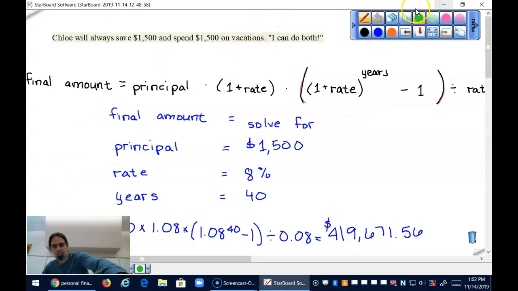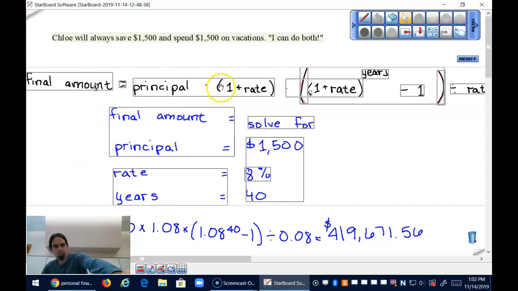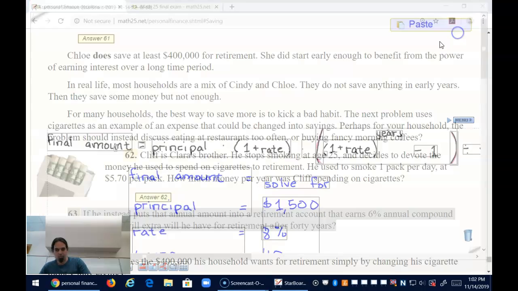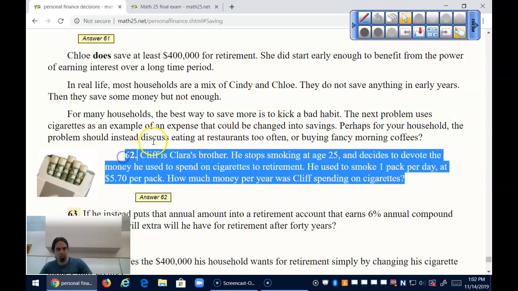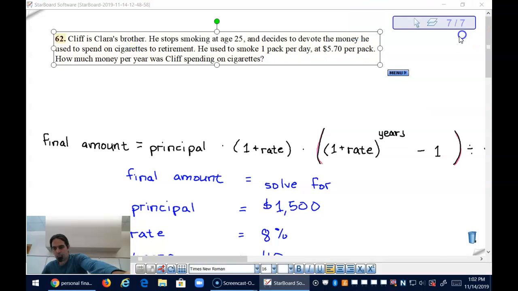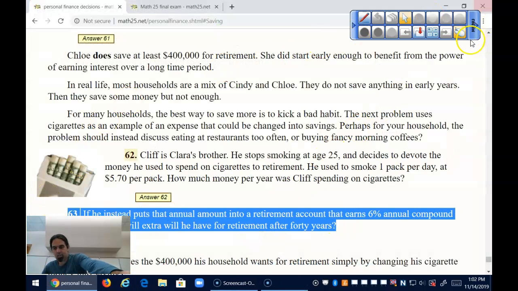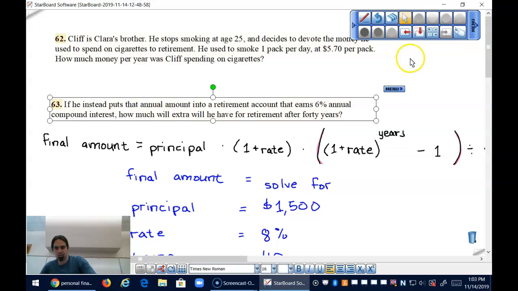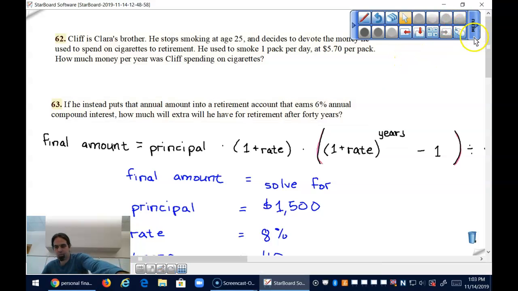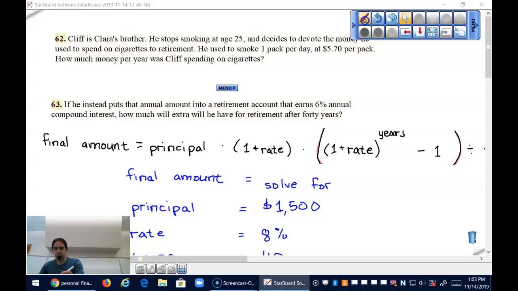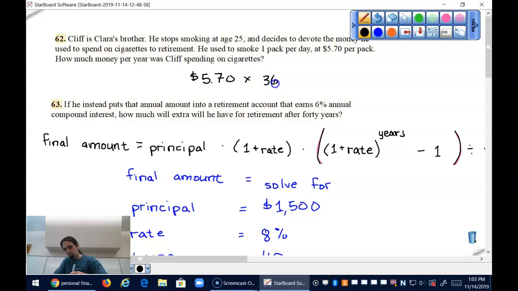That's not right. Okay, so this one was 570 and 365.